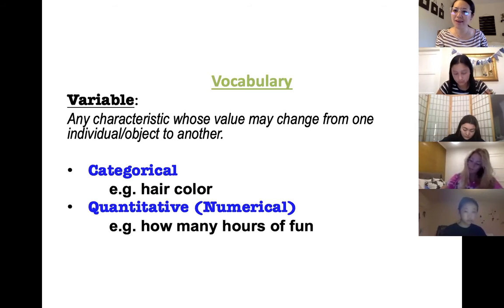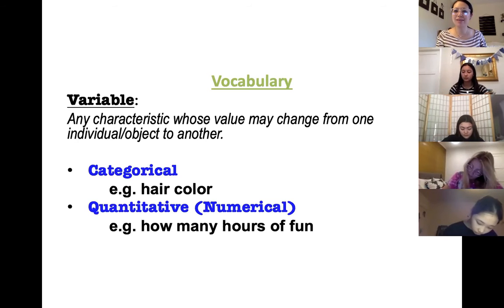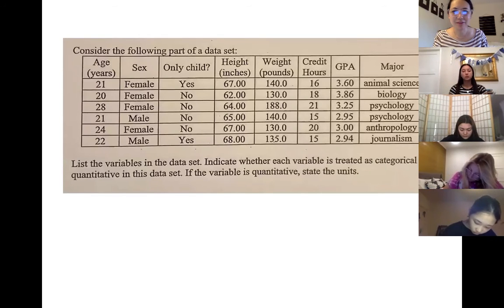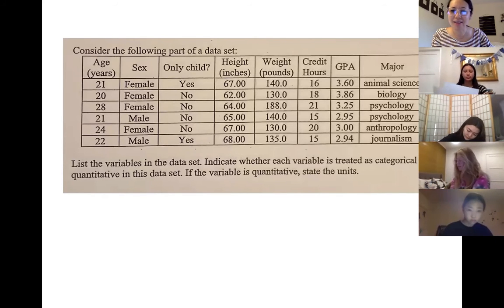Numerical, you usually get a number or you're measuring something. So we're going to practice identifying when a variable is categorical and when it's numerical. Here are some examples. I want you to think about whether it's a categorical or numerical variable.